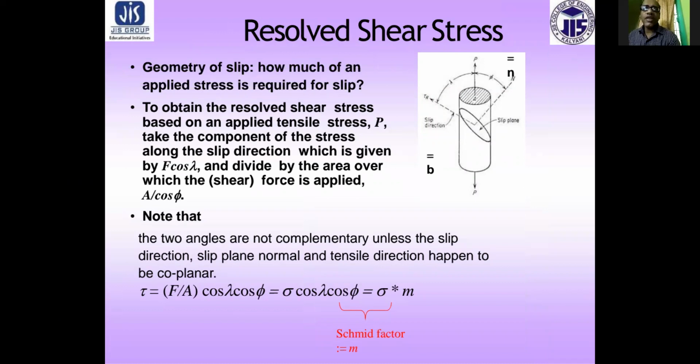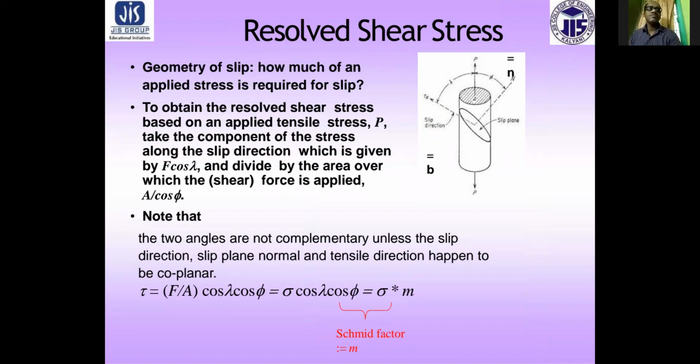If the value of lambda at the beginning is less than 45, then as lambda decreases, the value of tau resolved as given by the equation also decreases. For plastic deformation, tau resolved should be higher than the tau critical.